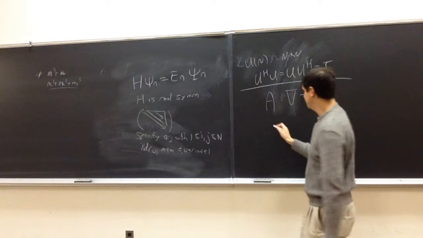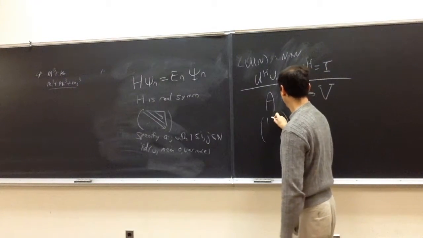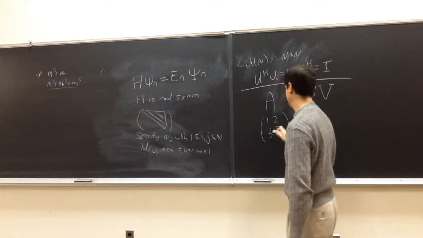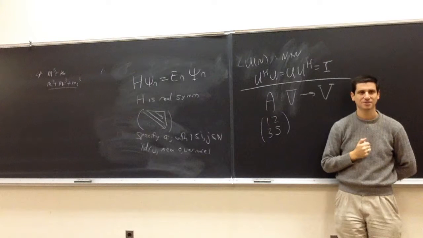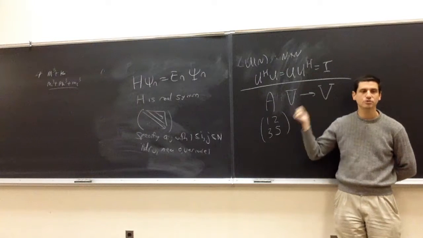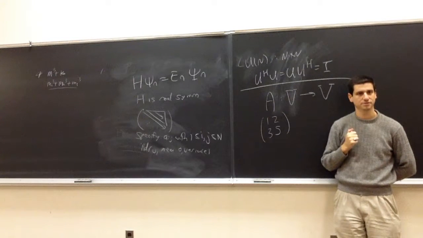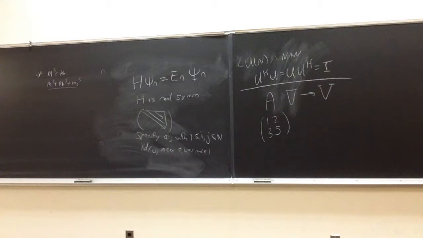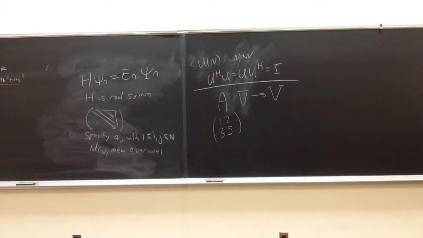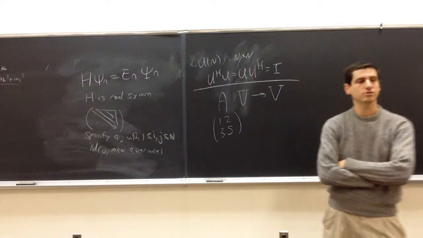If I were to write down a matrix, 1, 2, 3, 5, I'll do a Fibonacci matrix. Is this a transformation? Yes. It is a transformation, but it's more than just a generic transformation.